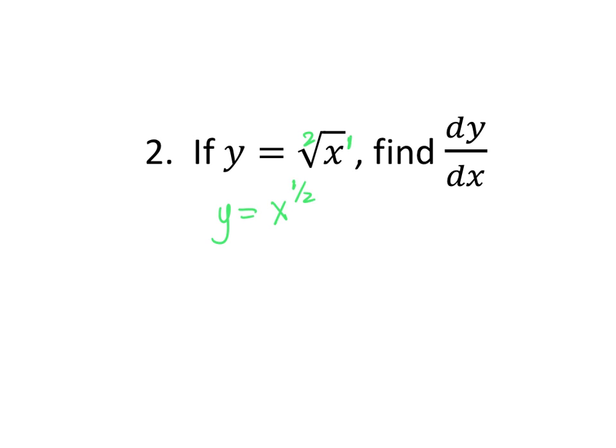So in order to find this derivative, we're multiplying the power by the coefficient in front, which is a 1, and we are subtracting 1. So we would have the derivative of y with respect to x, multiply that coefficient by the 1/2, we end up with 1/2 x to the 1/2 minus 1, which is negative 1/2.